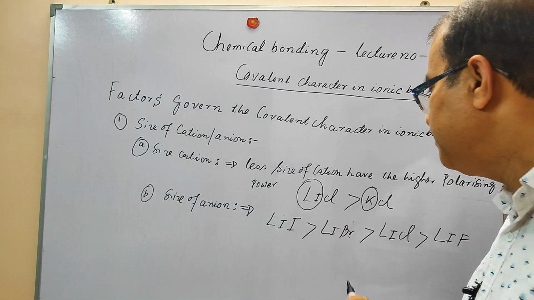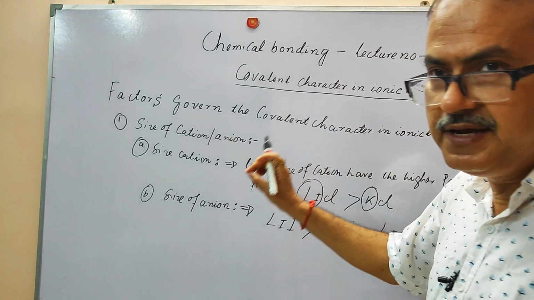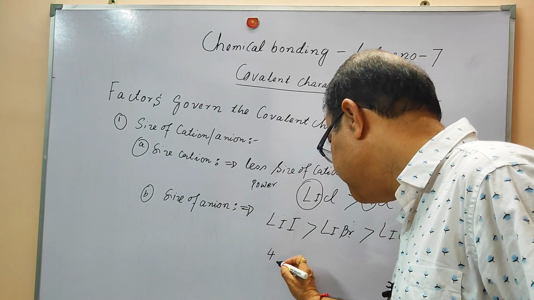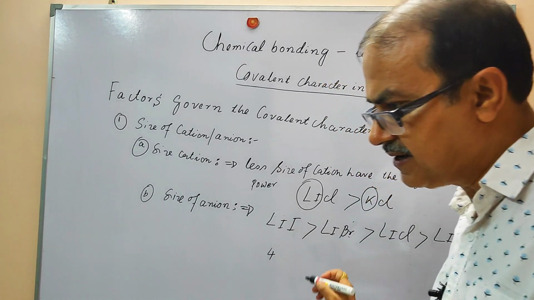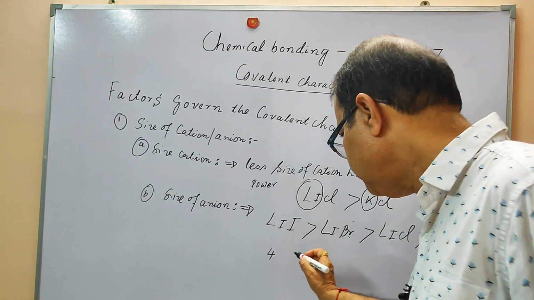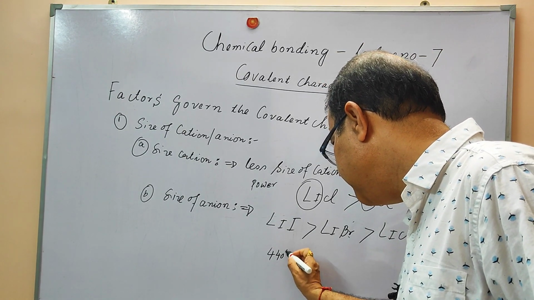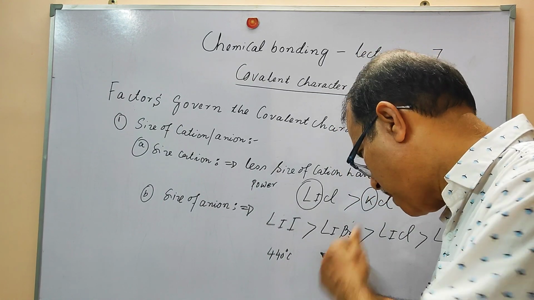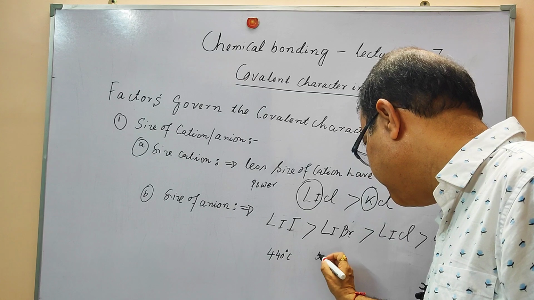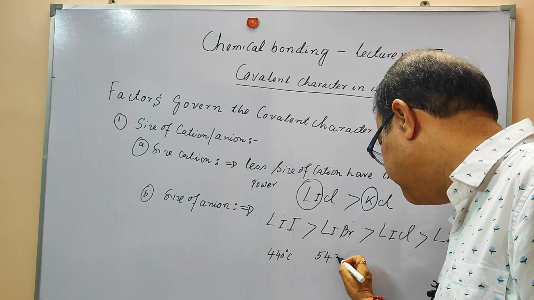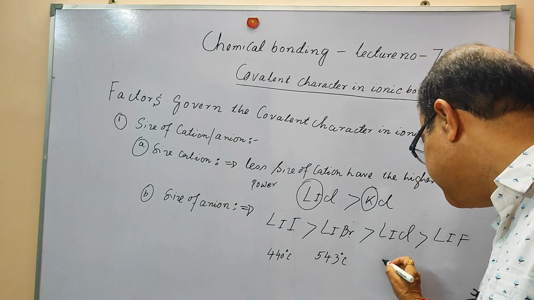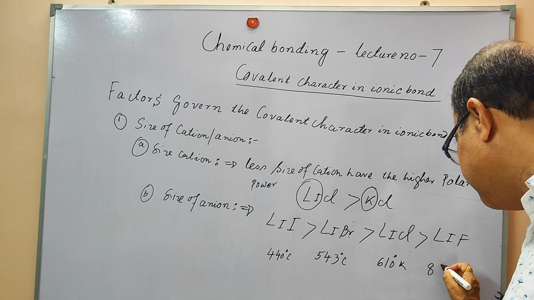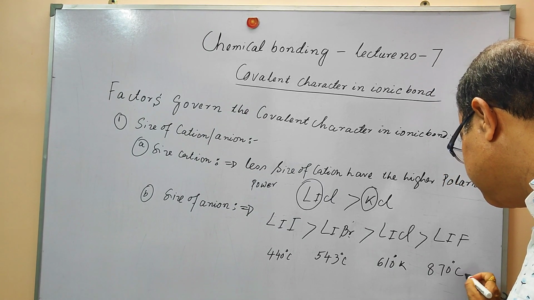And you can also see that the melting point shows the reverse trend. The melting point of lithium iodide comes around 440 degrees Celsius, then about 543 degrees Celsius, then about 610 degrees, and then 870 degrees Celsius.